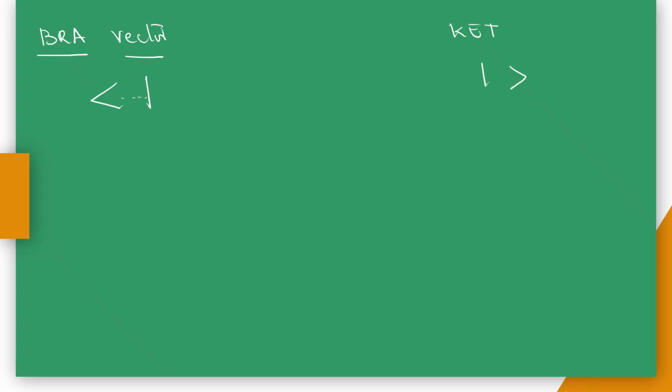That means the bra vector is the conjugate transpose of a ket vector.